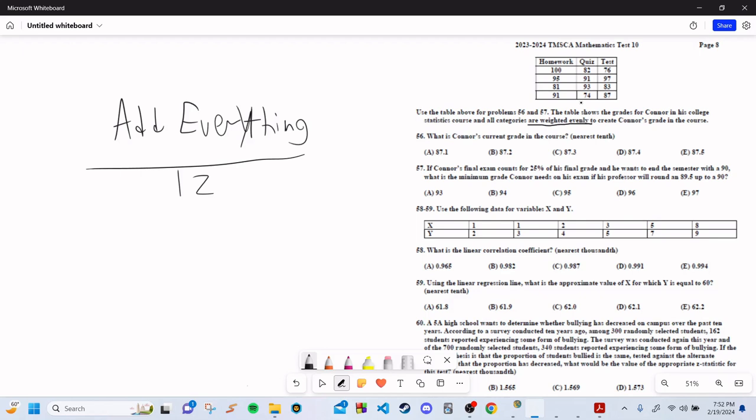So we're just taking the average of all of these scores. So you can type that in your calculator page. And so this gives us 87.5, which is answer choice E. So that's the correct answer. Pretty quick question.